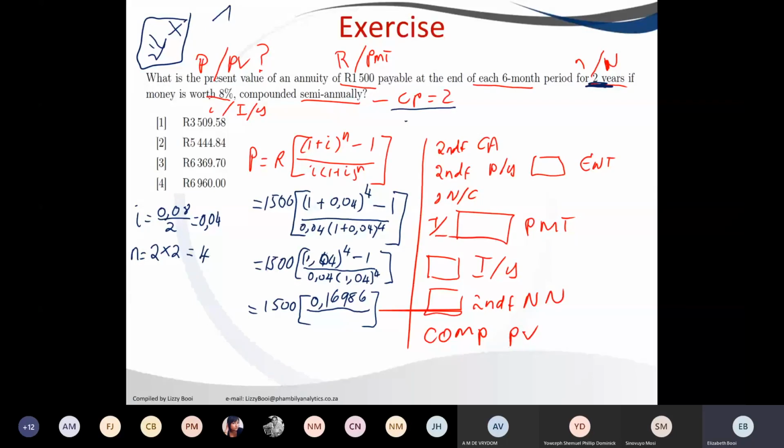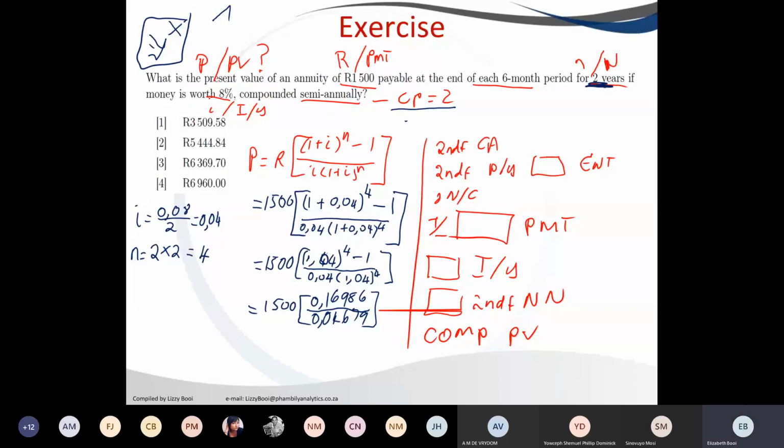We'll say 1.04, starting with the bracket with the power, raise it to the power of 4, and multiply that with 0.04, and that gives me 0.04679.